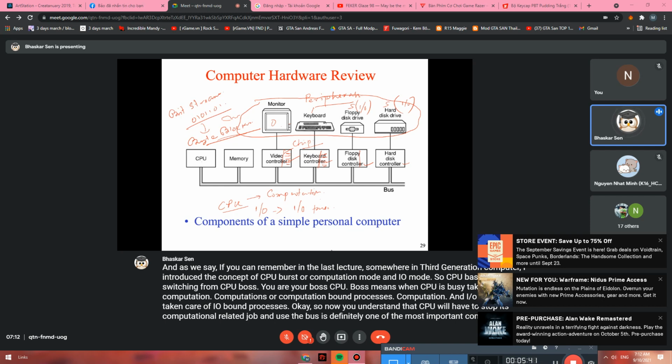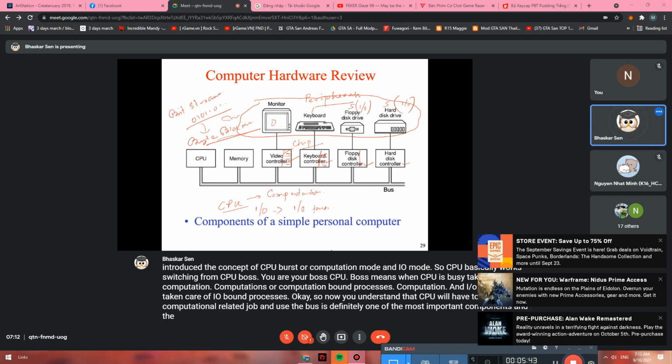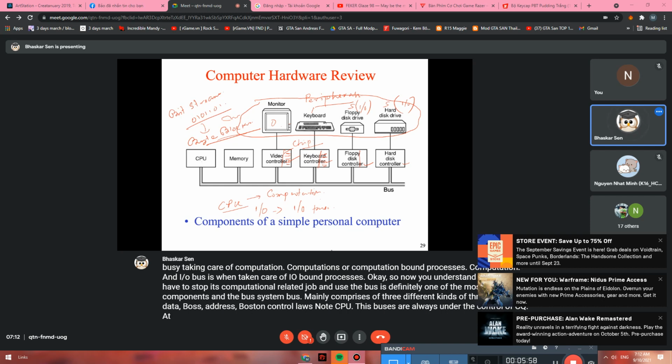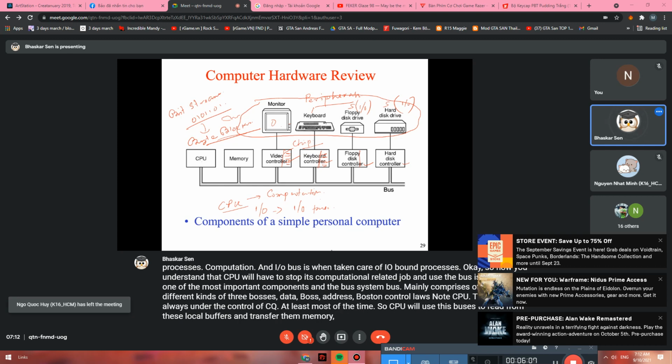The system bus mainly comprises three different buses: data bus, address bus, and control bus. These buses are always under the control of the CPU, at least most of the time. So the CPU will use these buses to read from these local buffers and transfer them to memory for further processing.